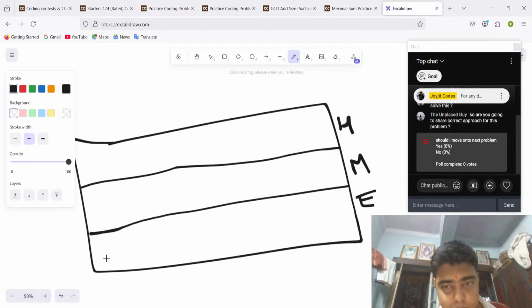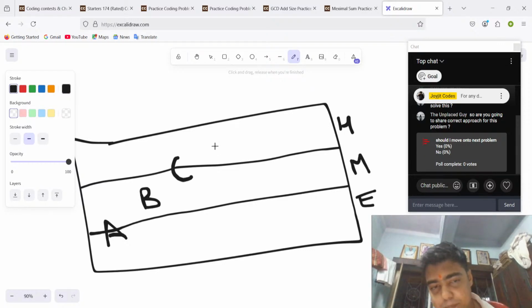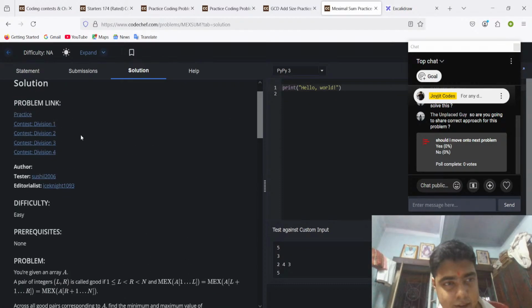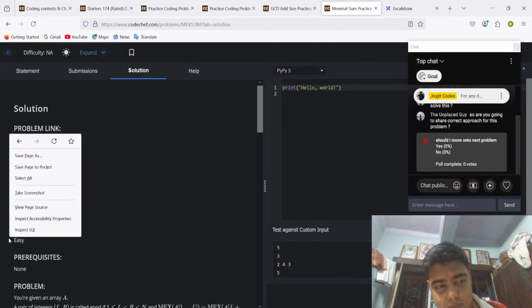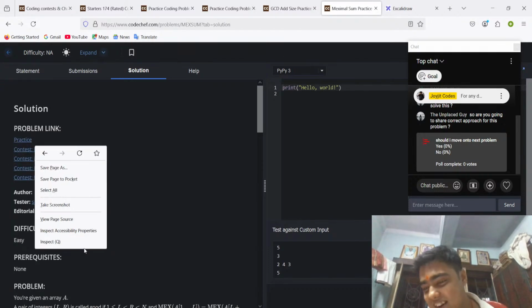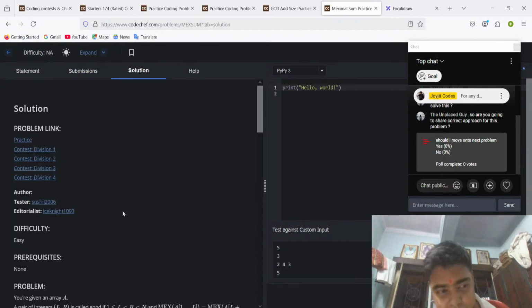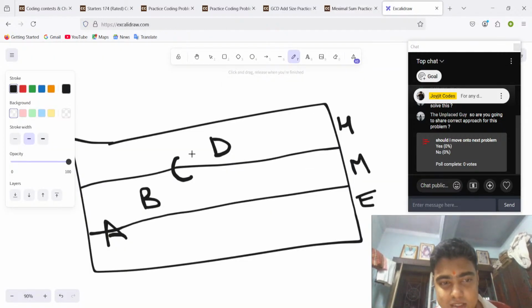The first problem was between easy and medium. The second problem was medium. The third problem was between easy, hard and medium, and the last problem was hard. But I think they rated it as easy only. They rate every problem as easy. I don't know why. So yeah, that's the rating.